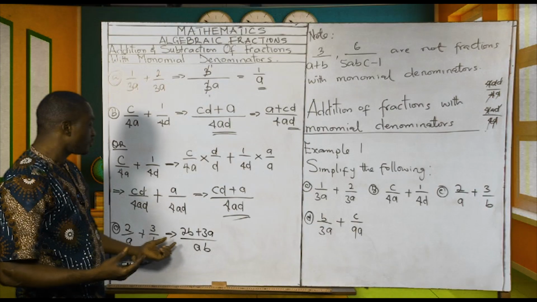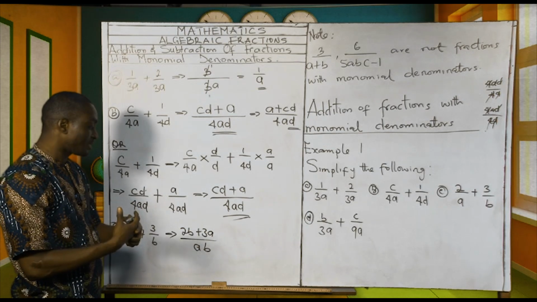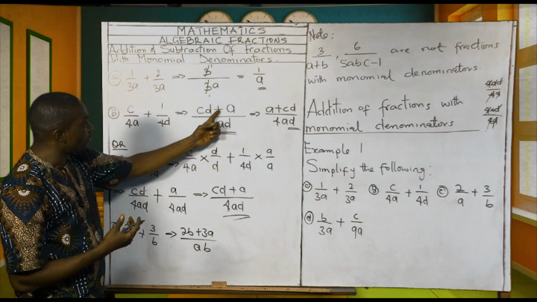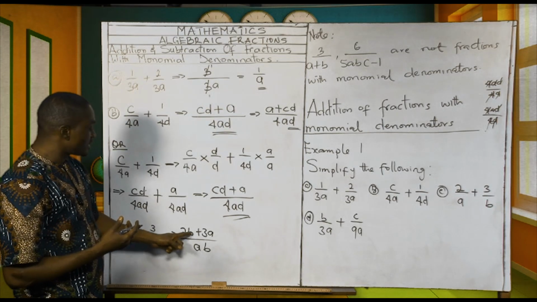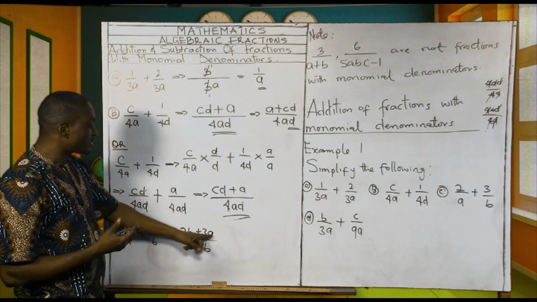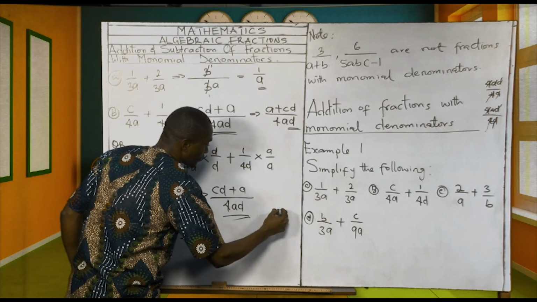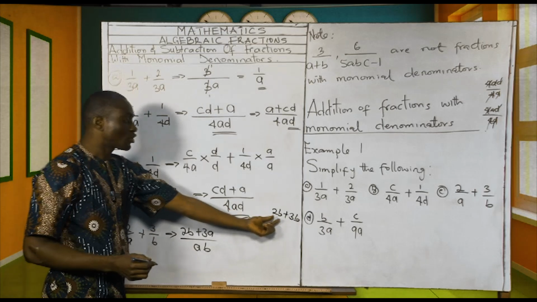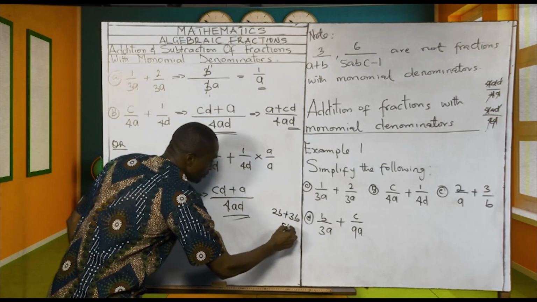Alright, so 2B plus 3A cannot be added together. Why? It's just like 3D plus A, they cannot be added together. The letter we have there is B, and the letter we have there is A. If it were to be 2B plus 3B, the sum can be found, it will give us 5B.